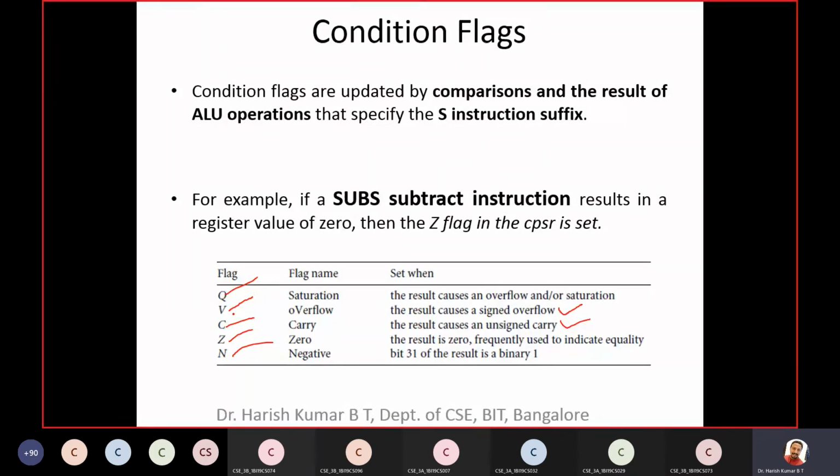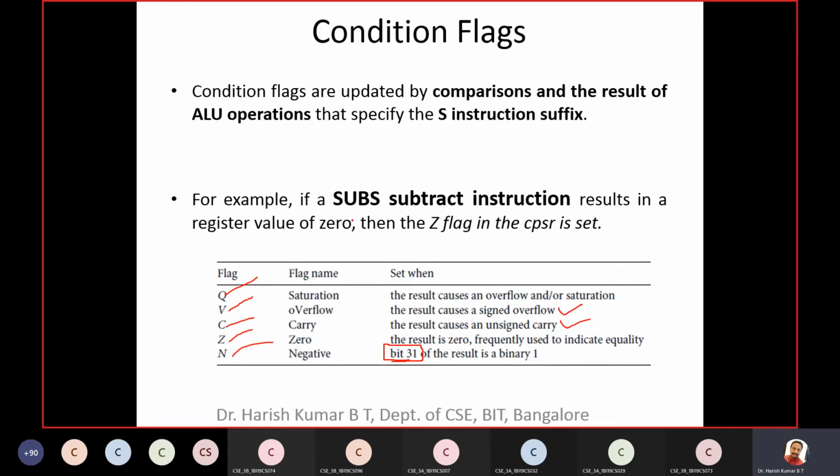If it results in an overflow, the overflow flag is set. If it results in a negative result, the negative flag is set. I also mentioned that the most significant bit, the 31st bit, is always the sign bit.